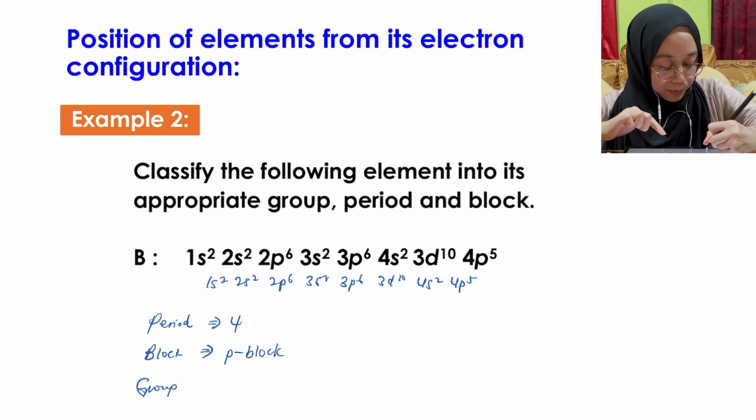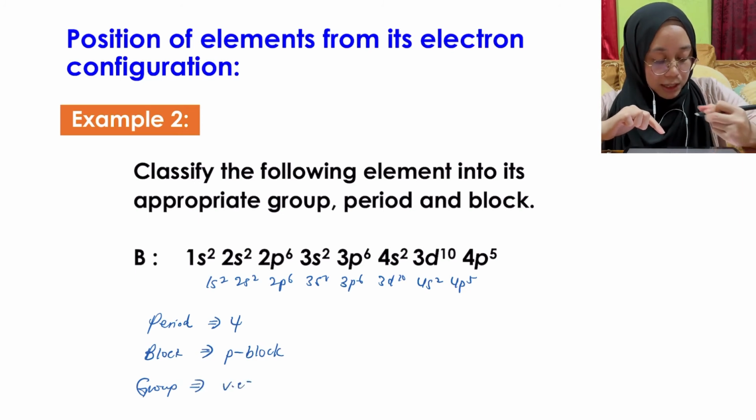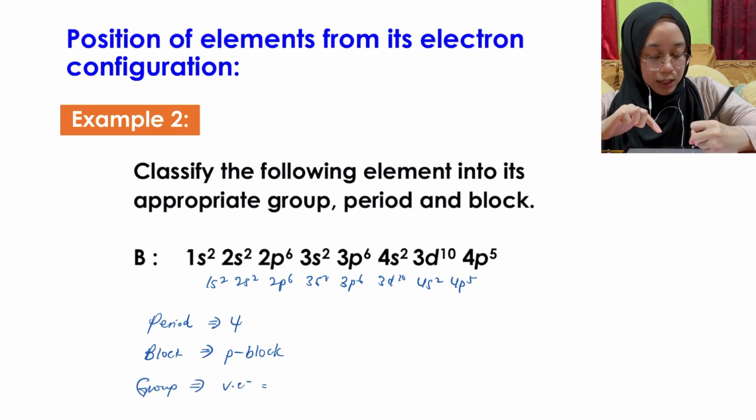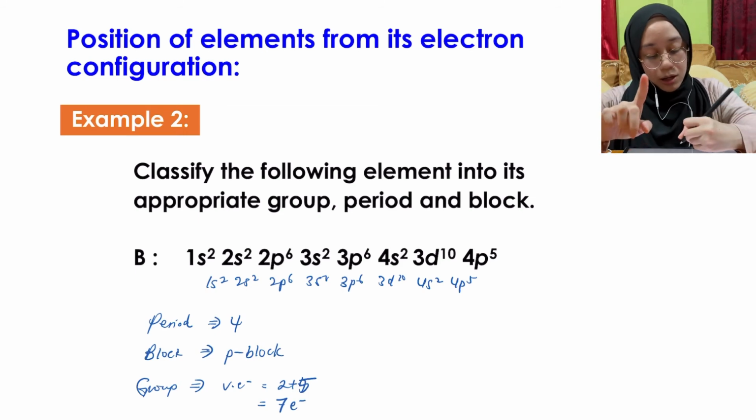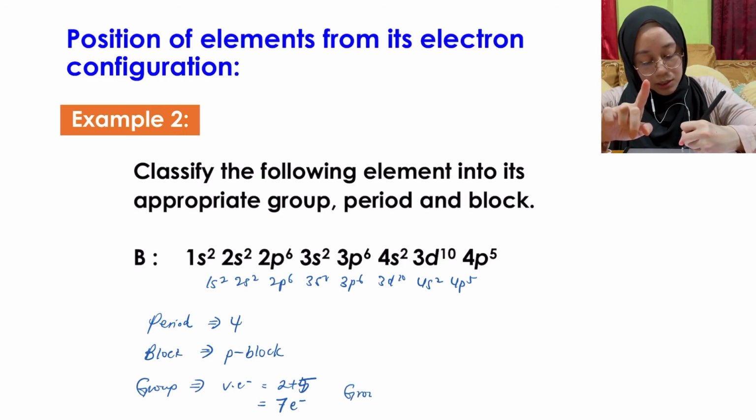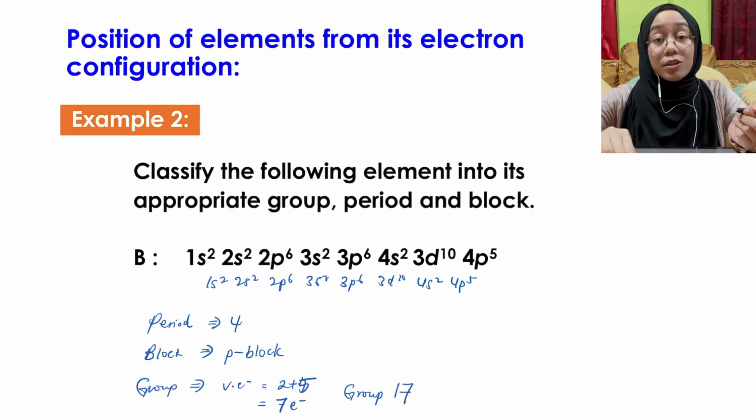So kita cari dahulu the number of valence electron. Valence electron yang kita ada adalah 2 plus 5, so kita dapat 7 electron. Therefore, since it is in p block, the group number is 17. So kita kena tambah 10.